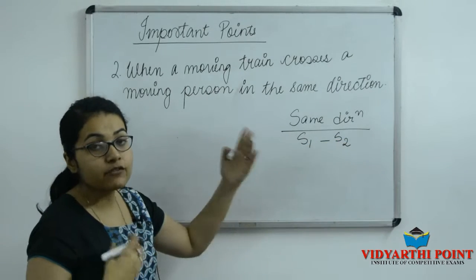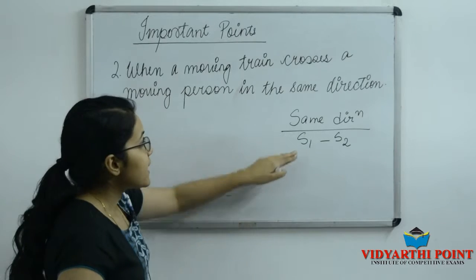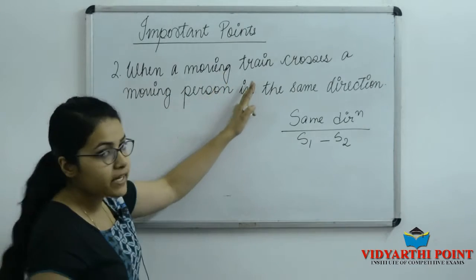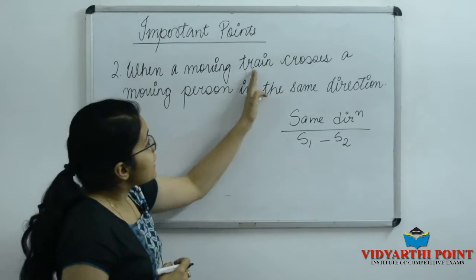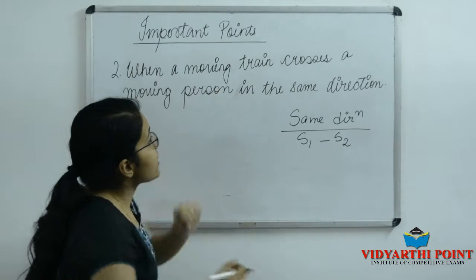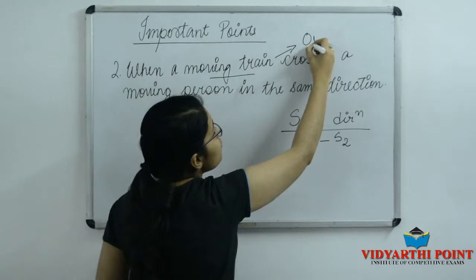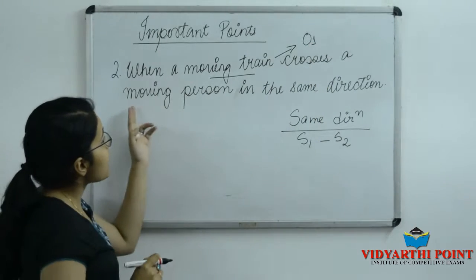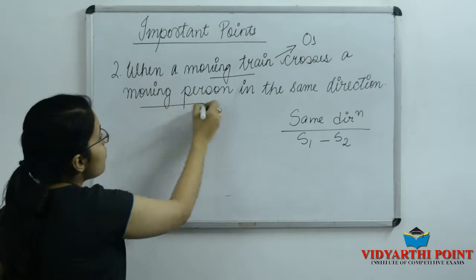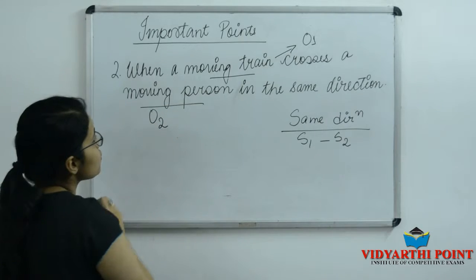The moving train is object 1 and the moving person is object 2.